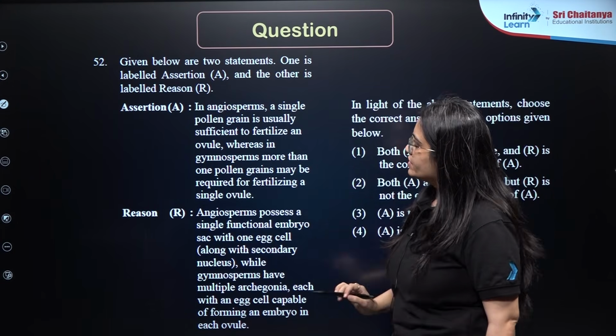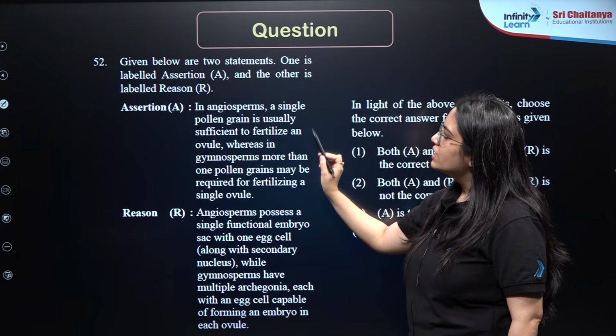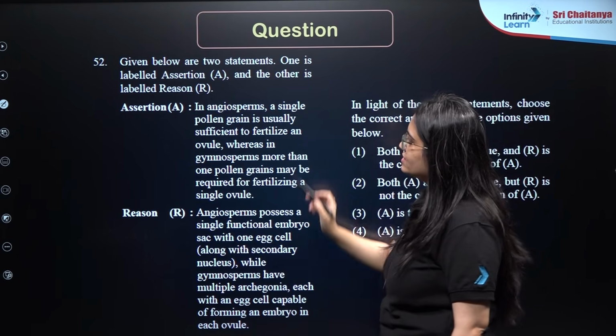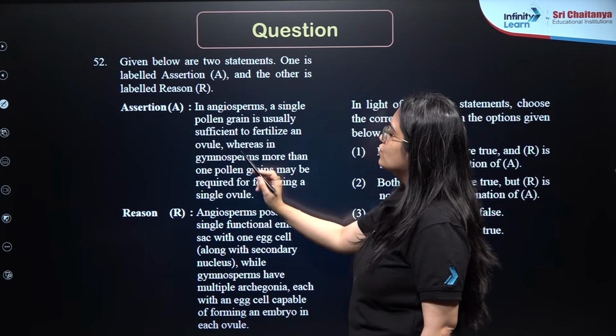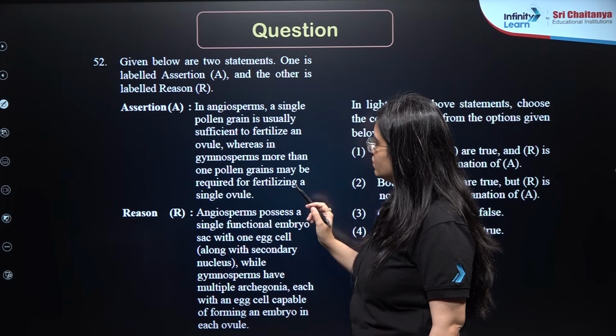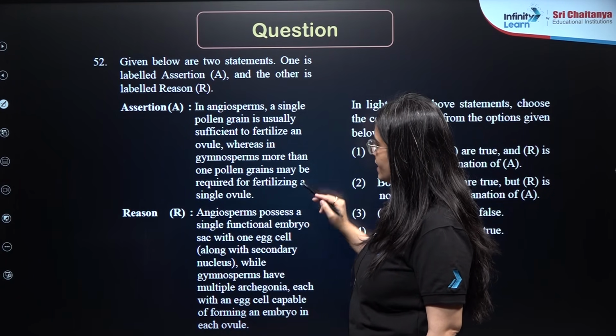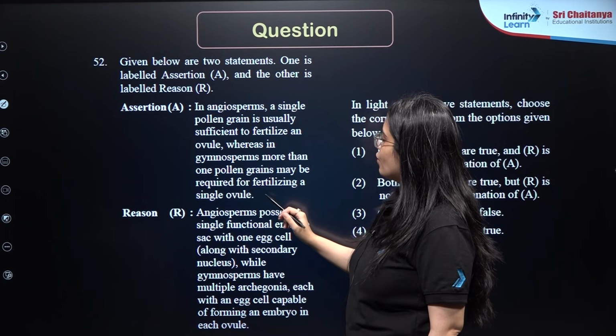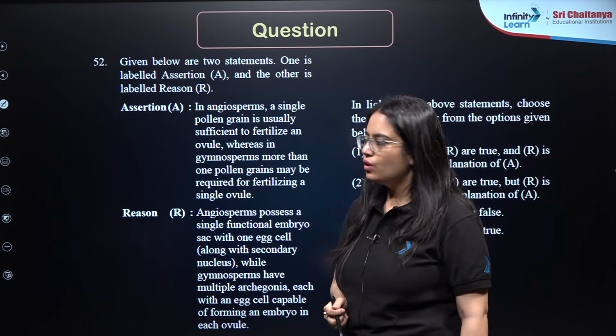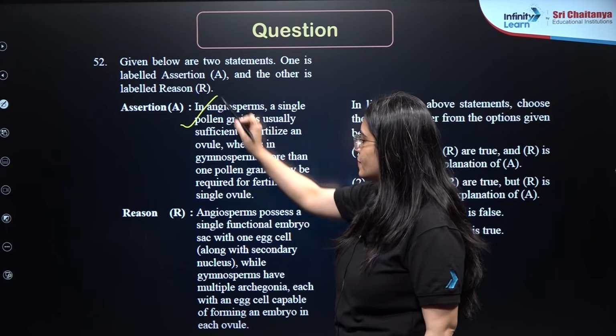Okay, this is an assertion-reason question. In angiosperms, a single pollen grain is usually sufficient to fertilize an ovule, whereas in gymnosperms, more than one pollen grain may be required for fertilizing a single ovule. Yes, this is right.